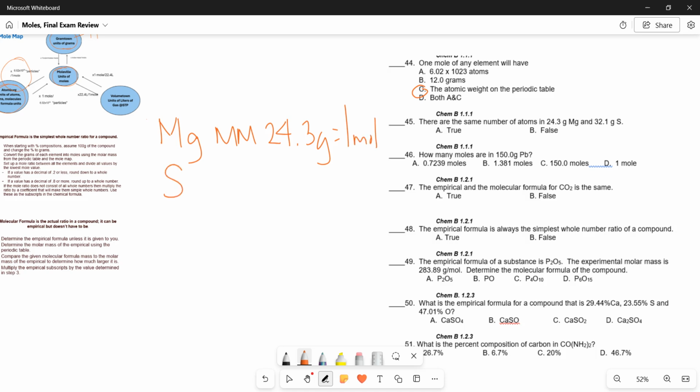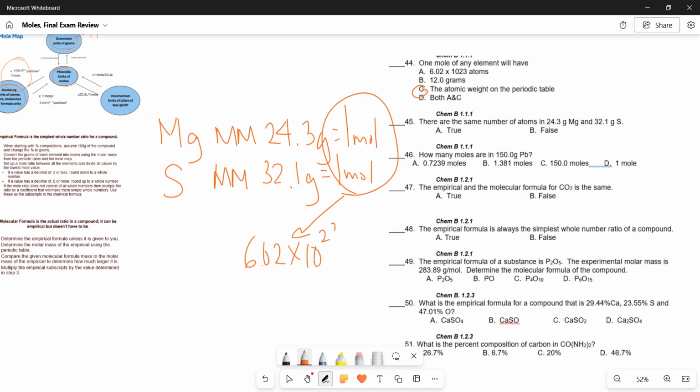Now, sulfur has a molar mass of 32.1 grams, which is equivalent to 1 mole. Because it's 1 mole, they both have 6.02 times 10 to the 23rd, and in this case, atoms, because we're dealing with the element. And so the answer here is true.